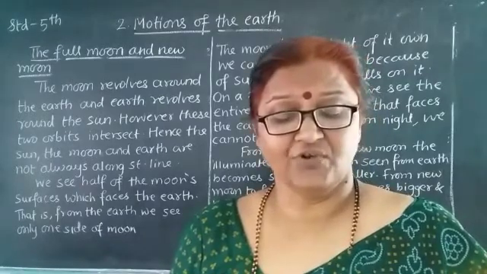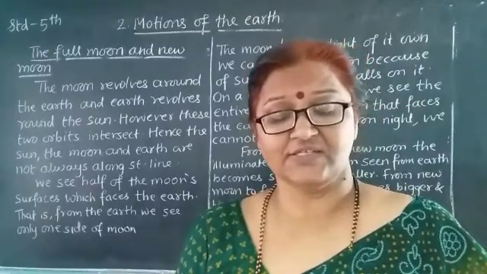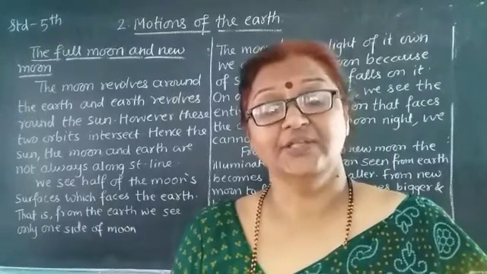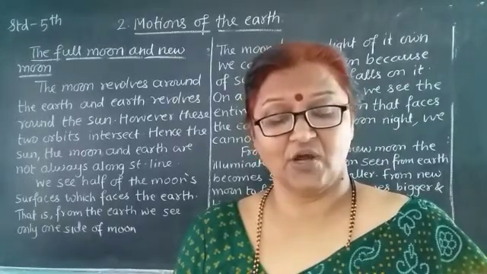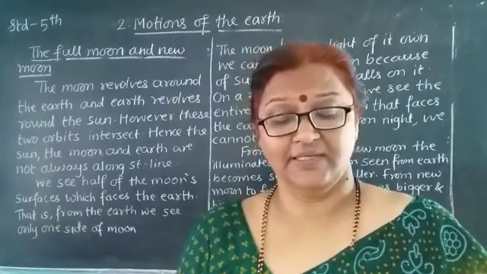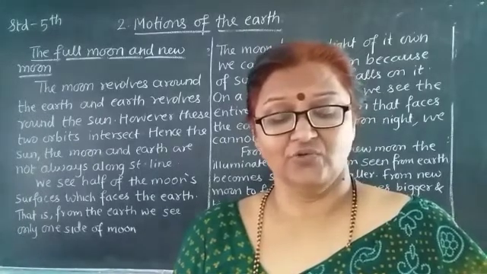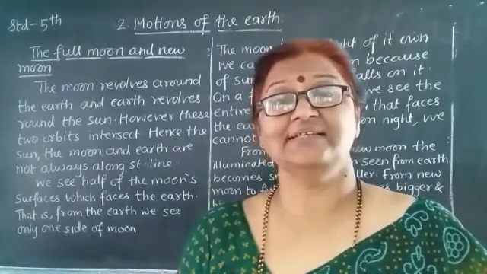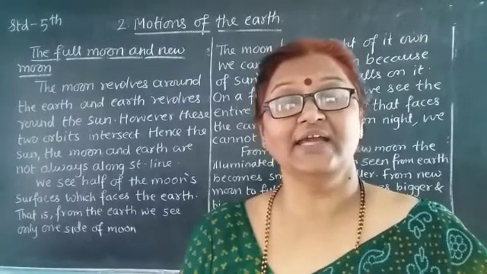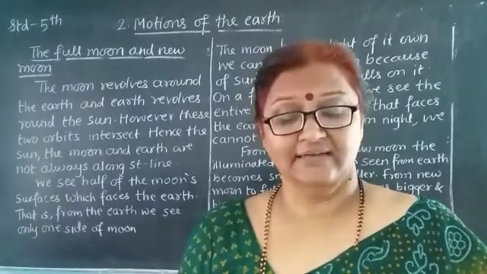Thus the period from one new moon to the next is 28 to 30 days. It is called the lunar month. Every day of the lunar month is called a tithi.